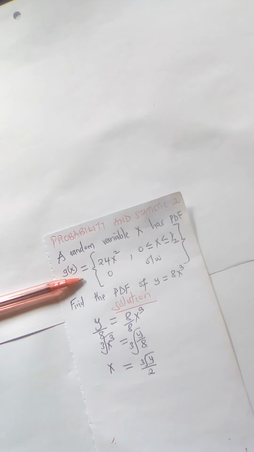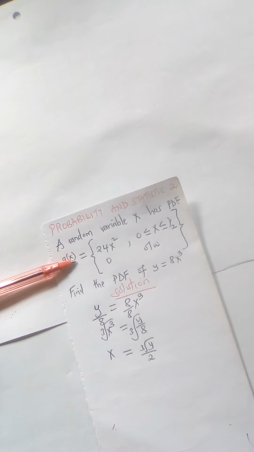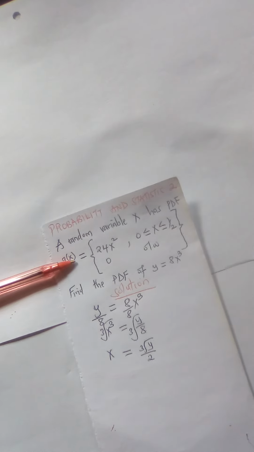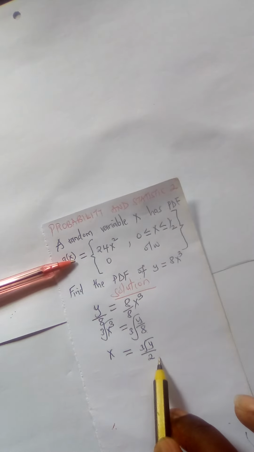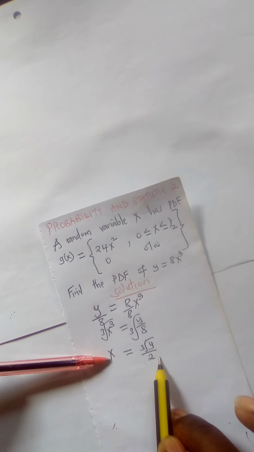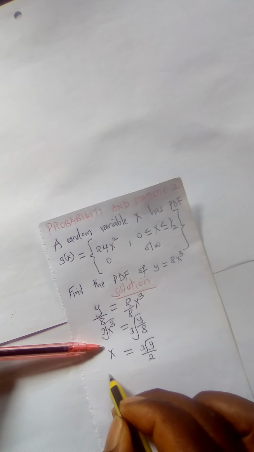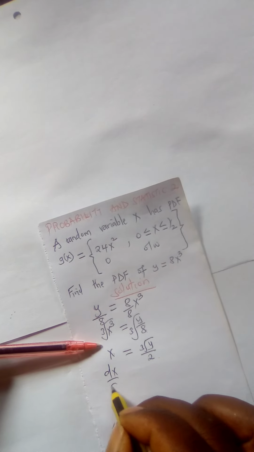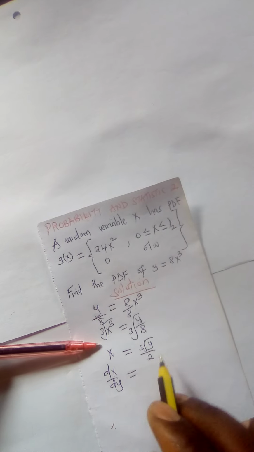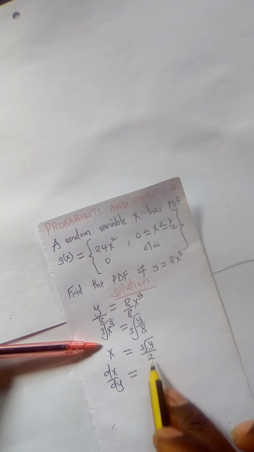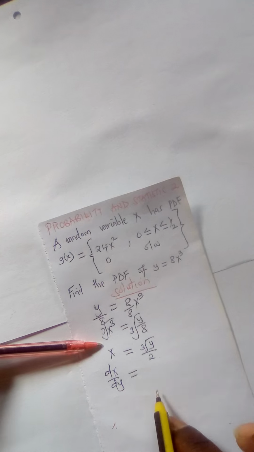Now after that, you are required to get dx/dy of the provided function after making x the subject of the formula. How can I get dx/dy? You are required to differentiate this function with respect to y.